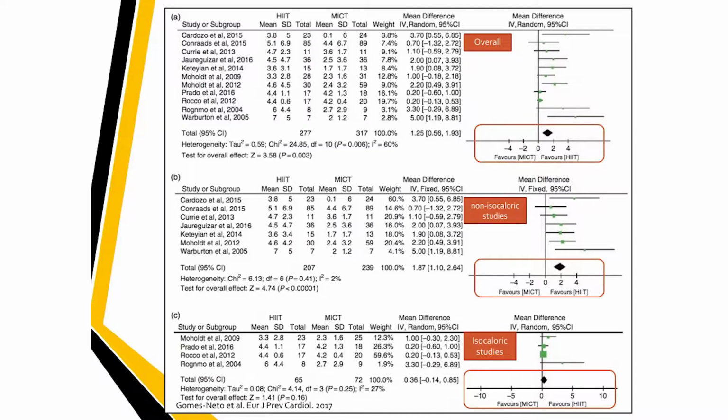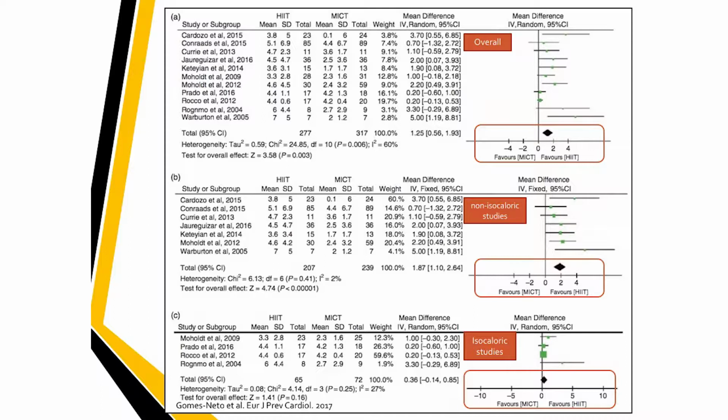So again, we have the same sort of graph here. You have those inverted T graphs, these little trees, and we're looking at that black diamond to understand what is happening. The top panel is an overall, right? It looks at how all the studies compare the high-intensity interval training versus the continuous training group.